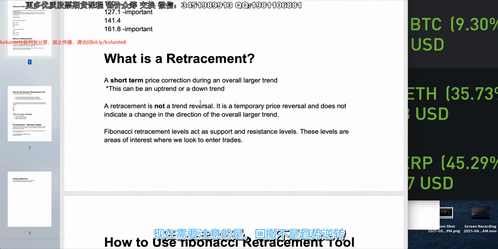In fact, we've been in this uptrend since, I would say, March 14th, 2020. And Fibonacci retracement levels act as support and resistance levels. These are areas of interest when we should look to enter a trade.